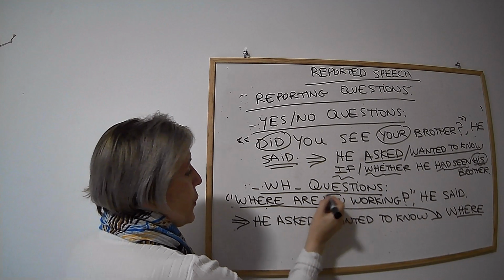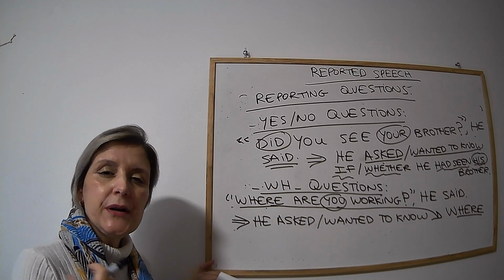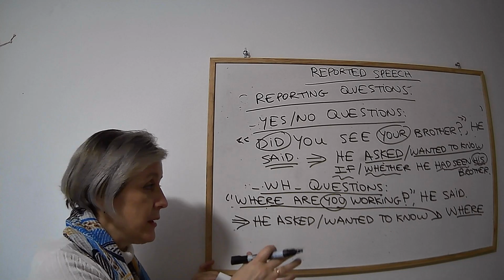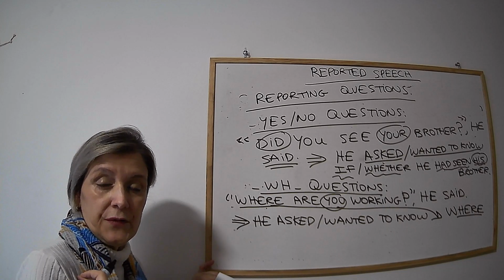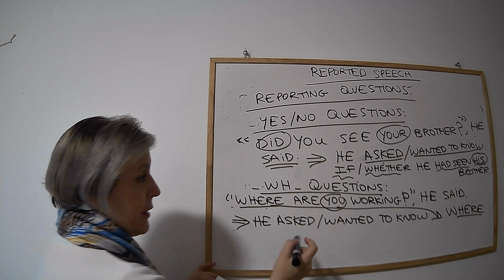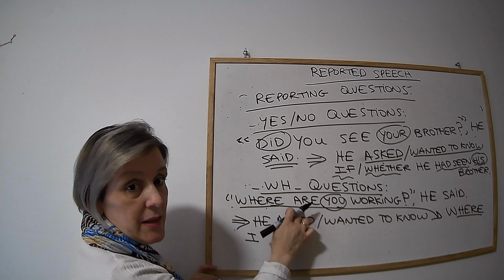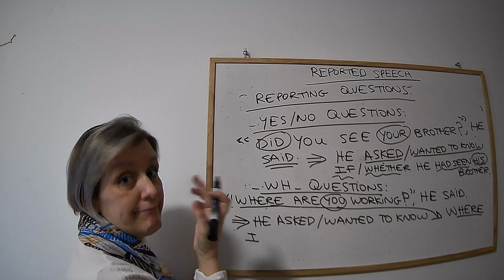And now you usually refers to the person who is reading, so to me refers to I. And the present continuous changes to past continuous.